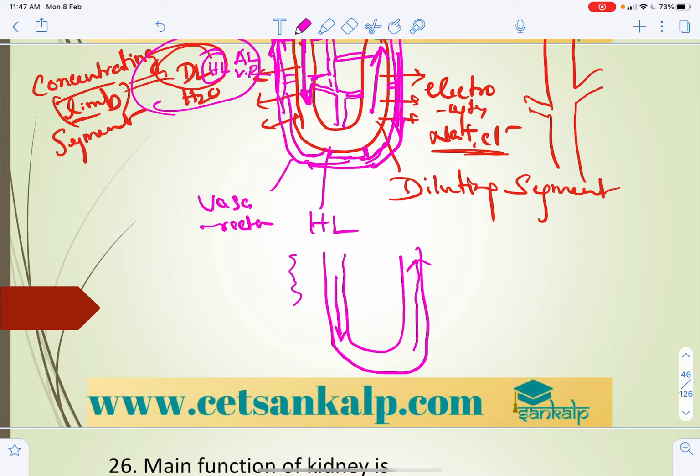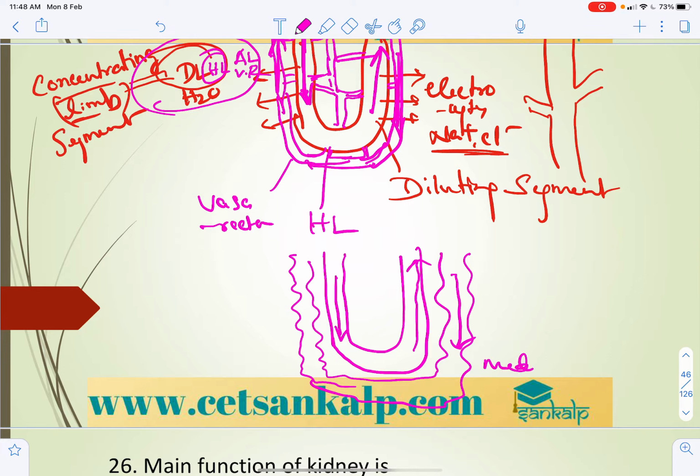And if you consider the vasa recta, that also shows movement. This is the descending limb downward to the medulla, and the ascending limb outside the medulla, that is towards the cortex.